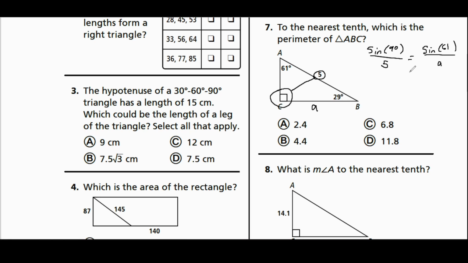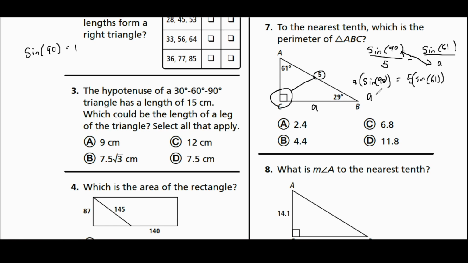Now, if you didn't punch in the sine of 90 into your calculator yet, sine of 90 is just equal to 1. And what's really nice here is when I cross multiply, I'm going to end up with the sine of 90 times a equal to 5 times sine 61.